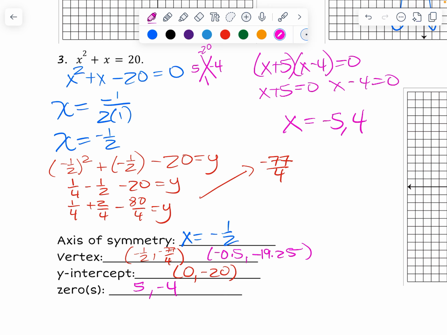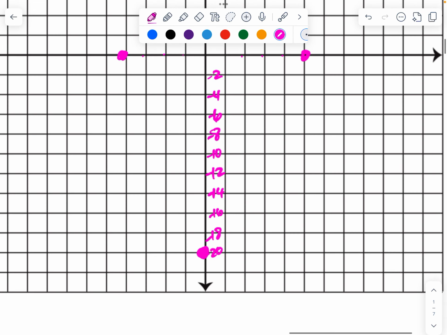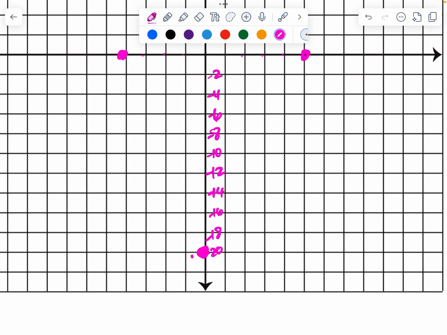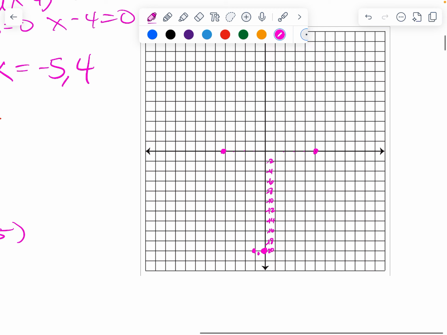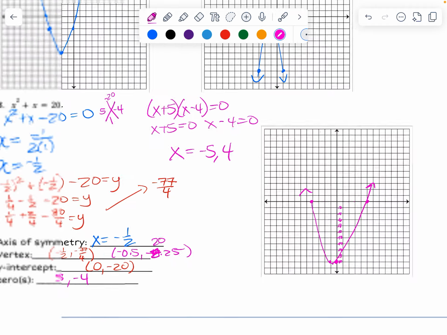If I have -0.5 in parentheses and I'm squaring it, subtracting 0.5, subtracting 20, this is -20.25. This should be a -20.25. Yeah, that didn't make sense. So this should be here, and this should be here. Right? Okay, so then like so.